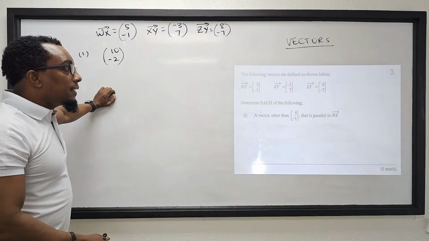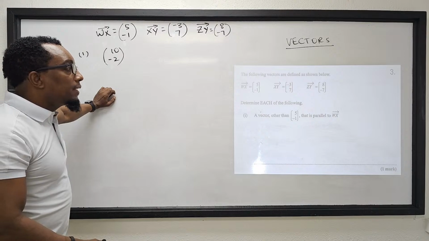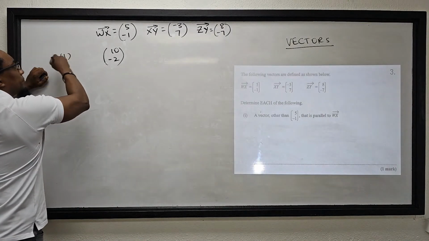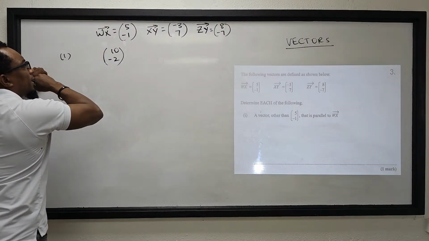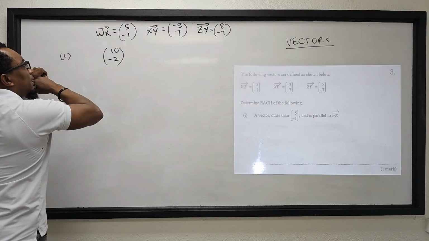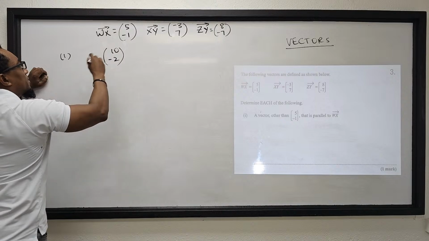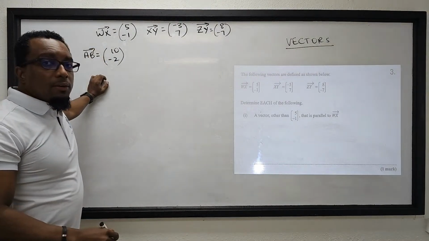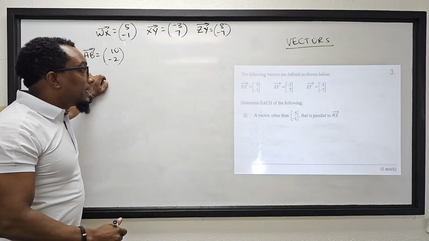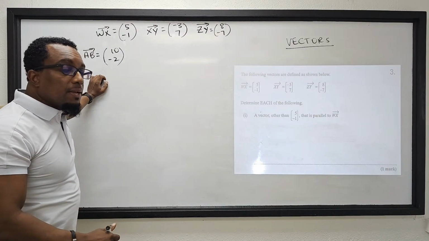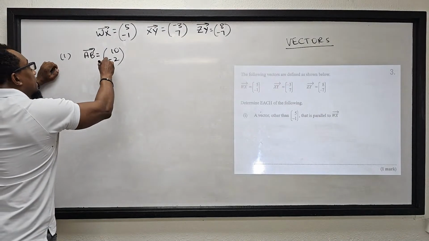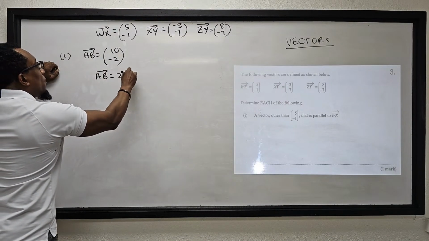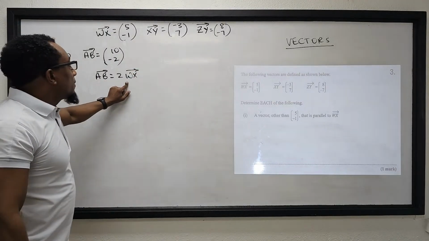So for a vector other than 5, negative 1 that is parallel to Wx, you can call it anything you want, Wx, xy, yz, or say vector AB. You can call it 10, negative 2, which will be parallel to Wx. Why is it parallel? Because vector AB is twice vector Wx.